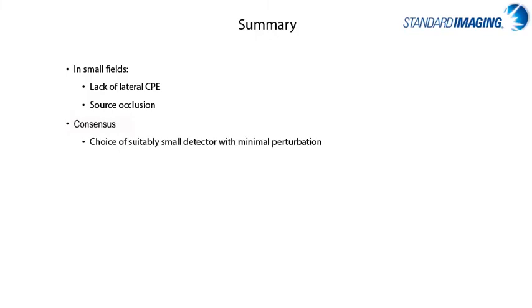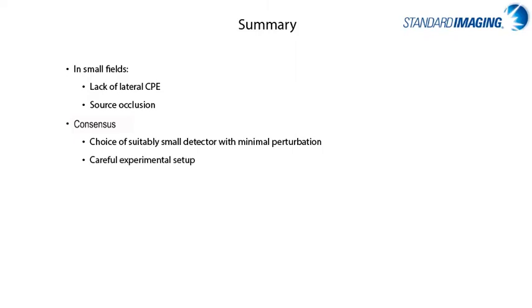To summarize our discussions today, in small fields there is a lack of lateral CPE, and the source is often occluded by the collimators, along with the other characteristics we discussed previously. For making measurements in small fields, the consensus is to ensure that you have chosen a detector that is suitably small and has minimal perturbation effects.